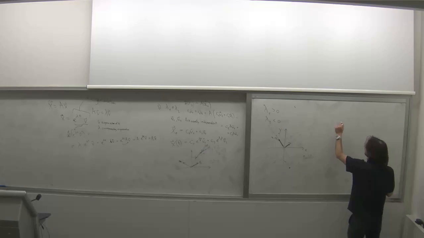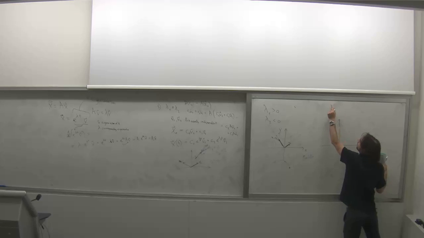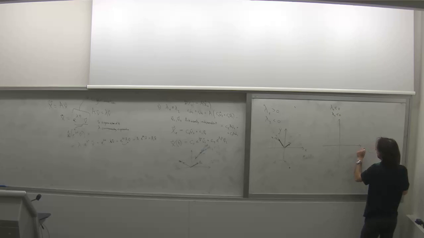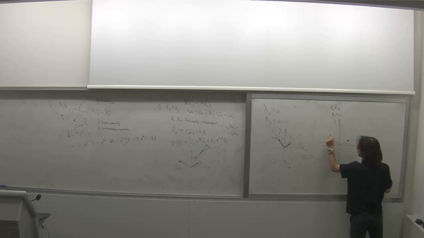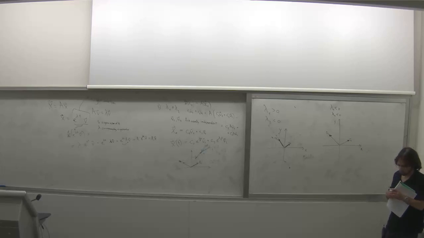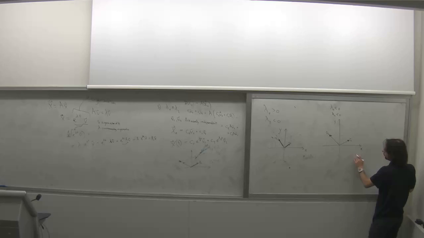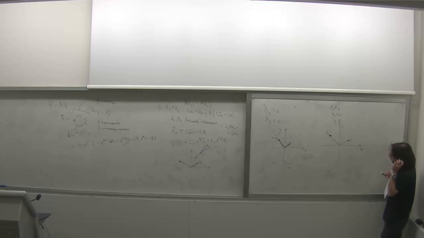So a saddle point has one positive eigenvalue and one negative eigenvalue. Okay, if both lambda 1 and lambda 2 are negative, so this is even simpler. So any point where we start will decrease its V1 component and decrease its V2 component as well.